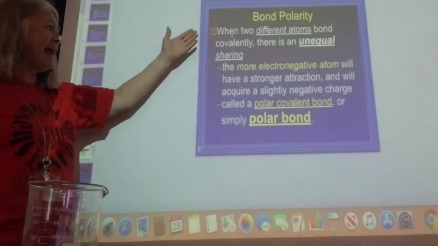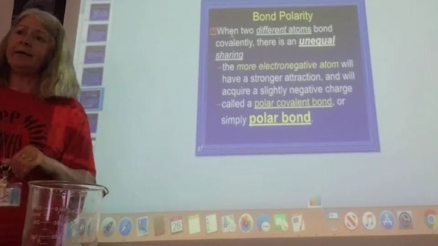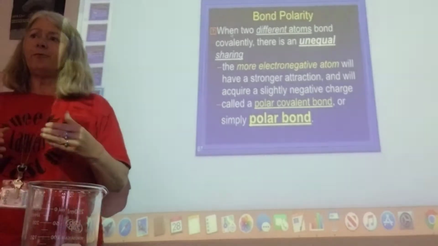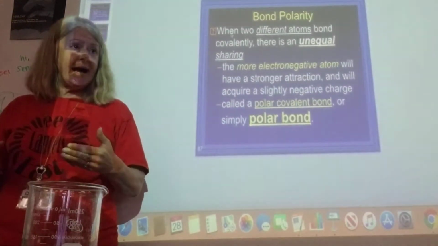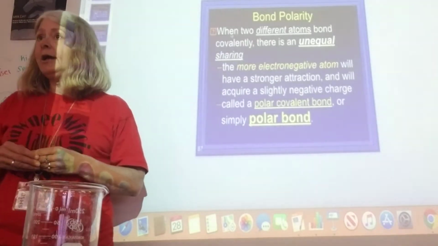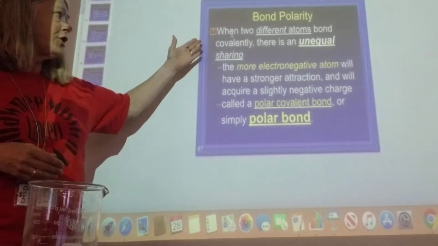If we have different atoms, there's going to be an unequal sharing. What's the most electronegative element on the periodic table? Fluorine. So something bonded with fluorine, other than fluorine, for instance a hydrogen, will form a polar bond because the electrons are not shared equally.